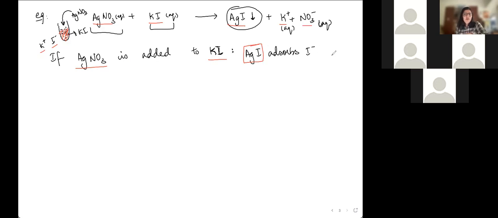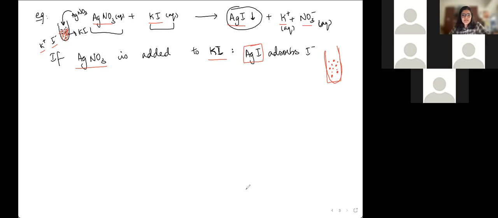In the test tube, suppose you have some AgI molecules, a clump of AgI because it forms a lattice and is insoluble.